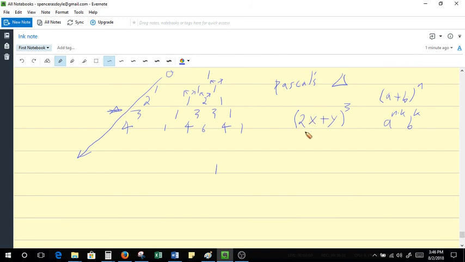So a, in this case, is being represented by 2x, so it's 2x to the n minus k, which will be 3 minus 0, and then y to the 0, plus 3 times 2x to the n minus k, pick 3 again, and then 1 to finish.